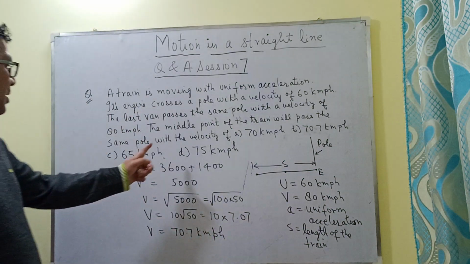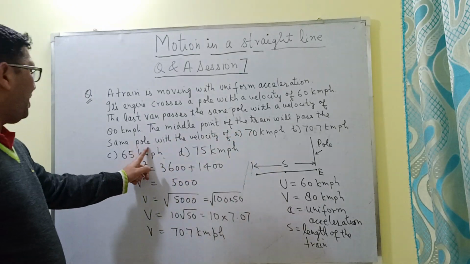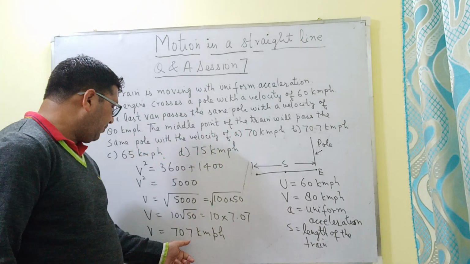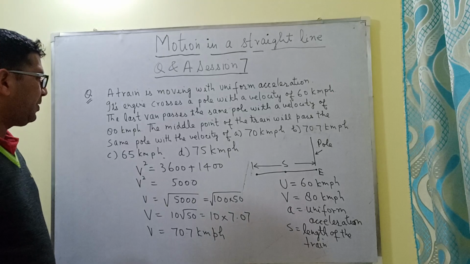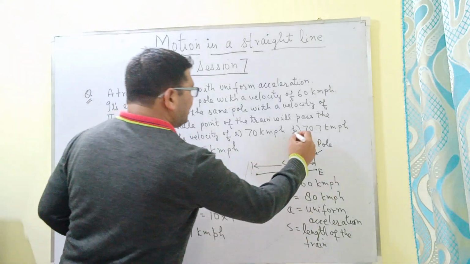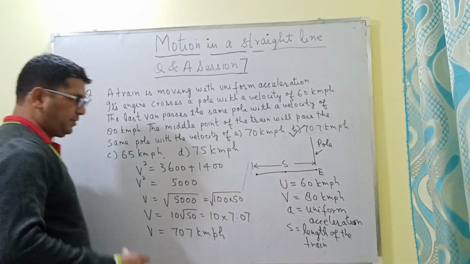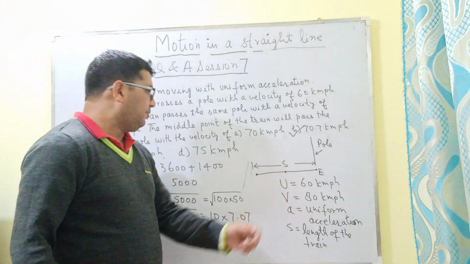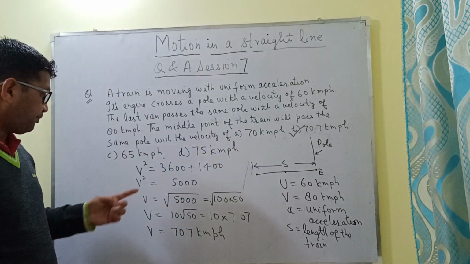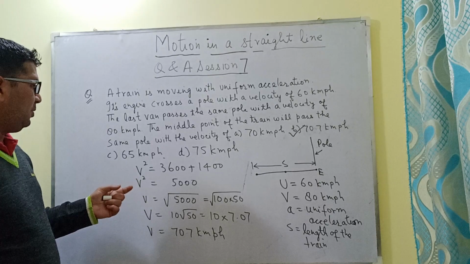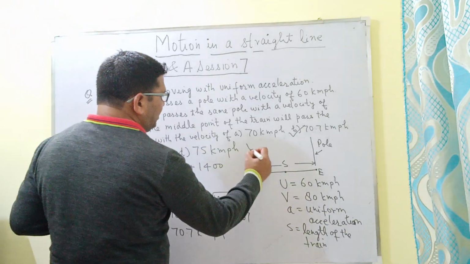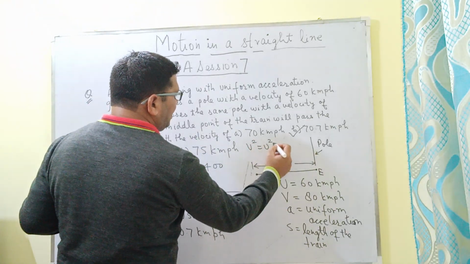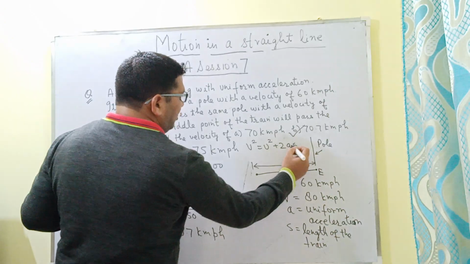So the middle point of the train will pass the same pole with a velocity of 70.7 km per hour, and so our correct option is the second option, that is option B. In this case, we have used the equation of motion, V square is equal to U square plus 2AS, twice.